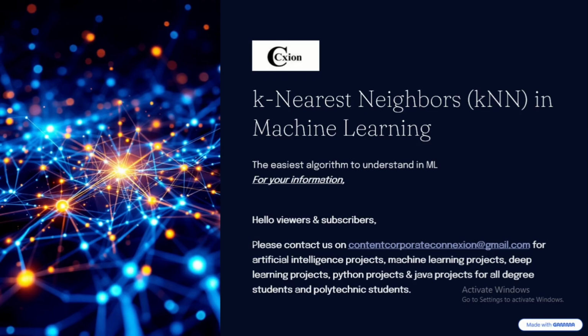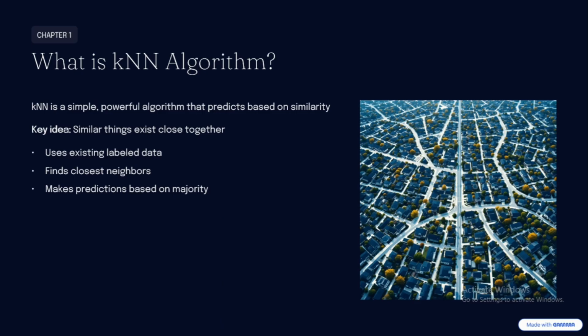By the end of this video, you will clearly understand what kNN is, how it works step by step, how distance plays a role, and how real-world predictions are made. So grab a notebook, stay till the end, and let's begin.